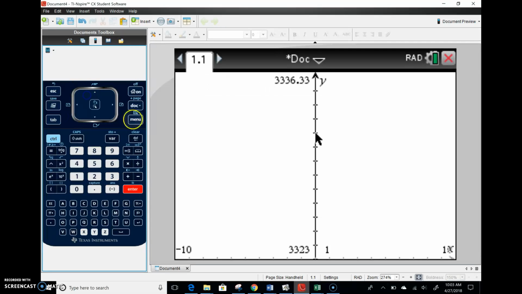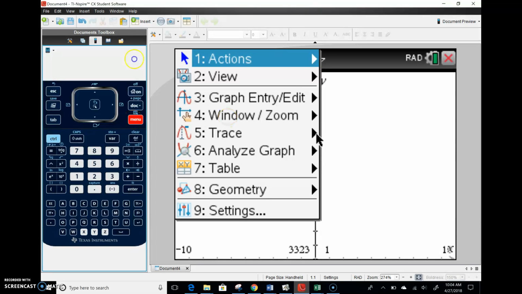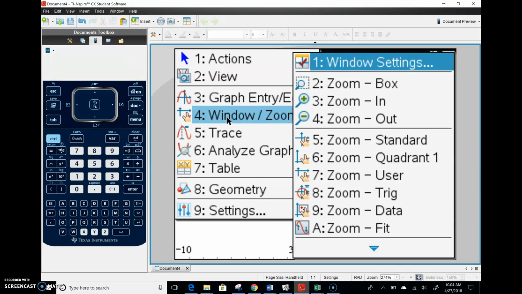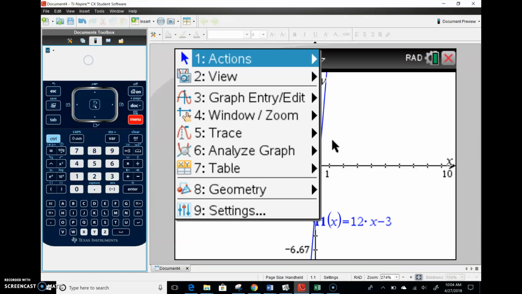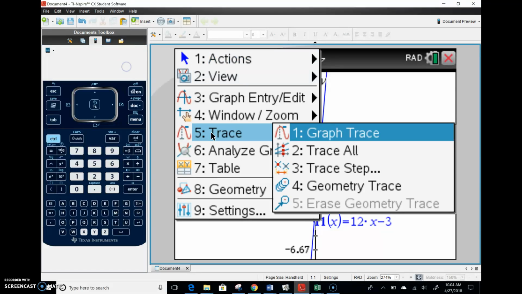Okay. Then I'm going to go back to my original window, which is Windows Standard, okay? 12x minus 3. So I'm going to go Menu, Trace, Graph Trace.